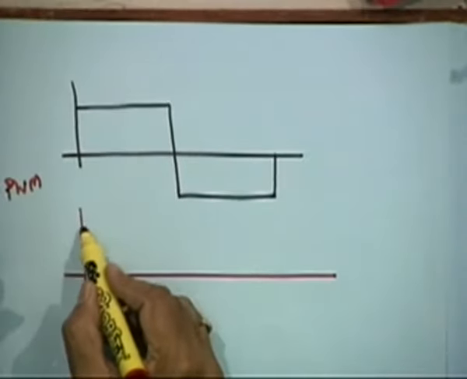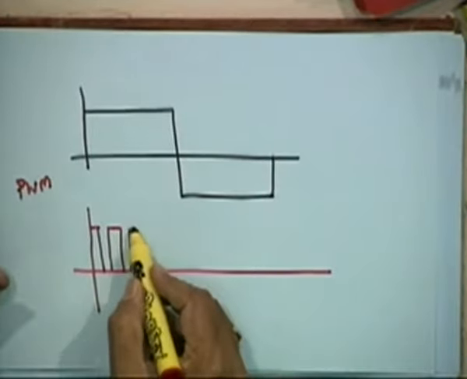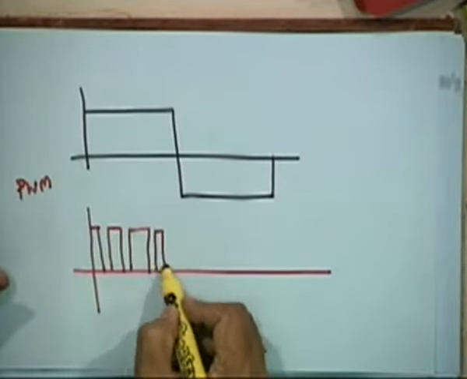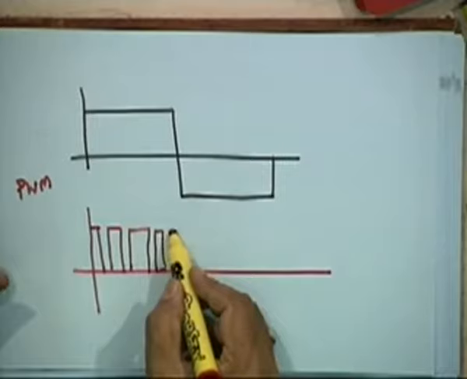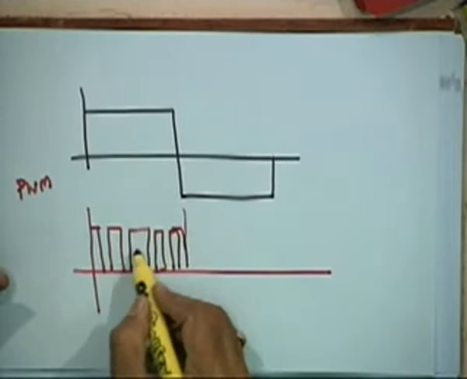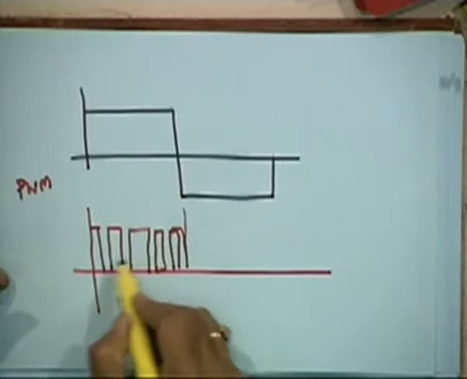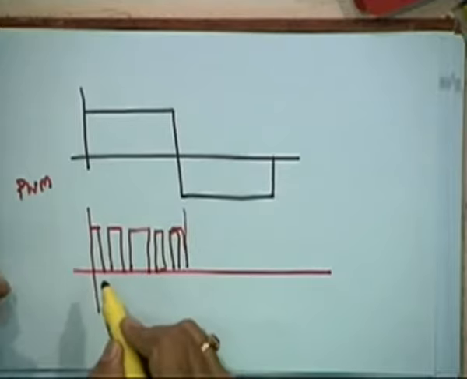That means you can control the width such that the center ones, the middle portion, are of a higher width, and near 0 the width is smaller.